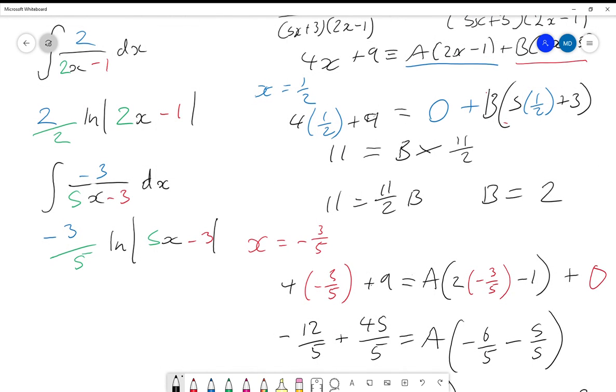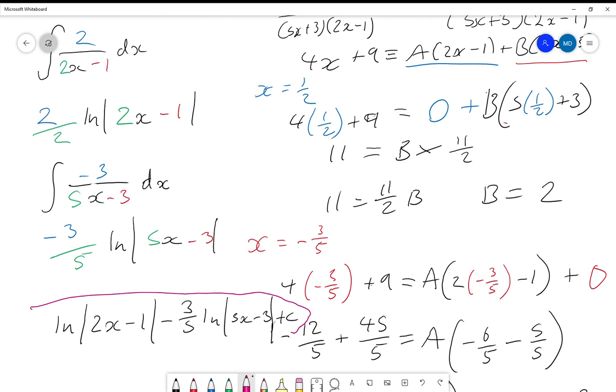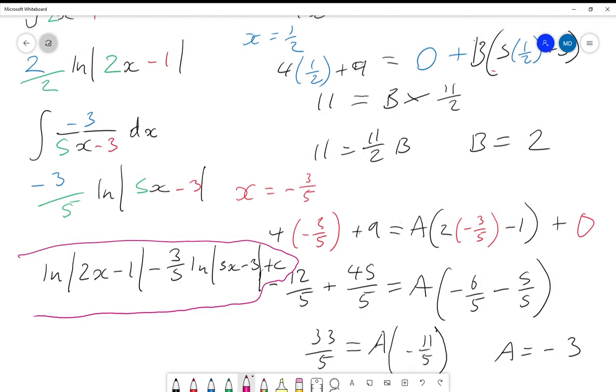We are dealing with the natural log of 2x minus 1 minus 3/5 of the natural log of 5x minus 3, and of course plus c. Everything's got a little bit smushed together there, and let's make that clear with a nice little line indicating where that was and separating it from the rest of it.